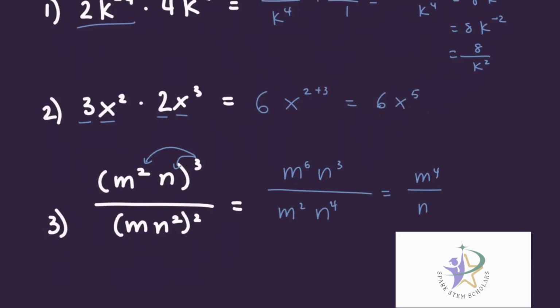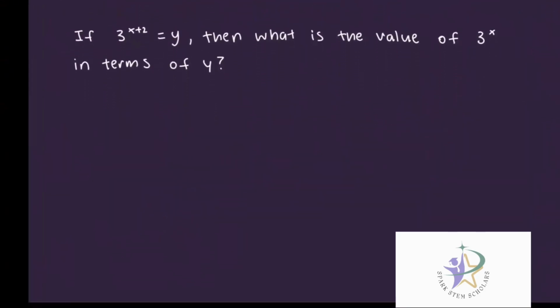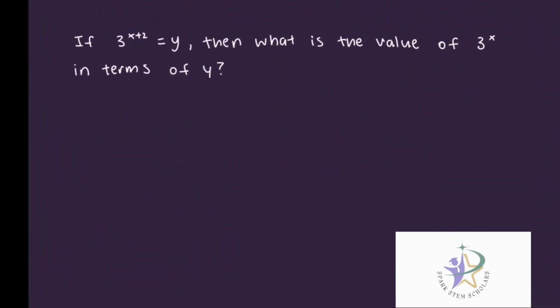Let's try some word problems. If 3 to the x plus 2 equals y, then what is the value of 3 to the x in terms of y? So let's avoid the trouble of finding what x is. We notice that the 2 in the exponent is the only difference between the given equation and what we want, which is 3 to the x.